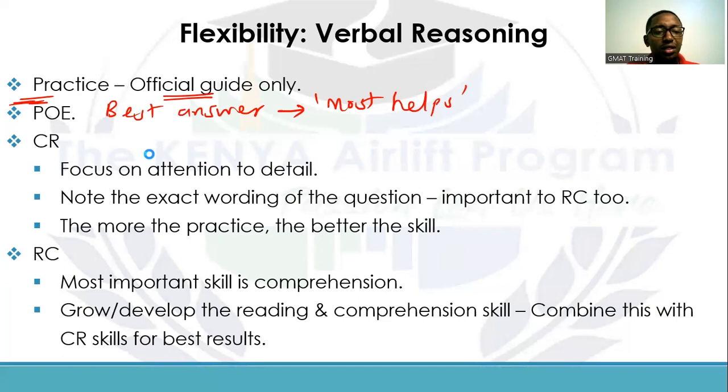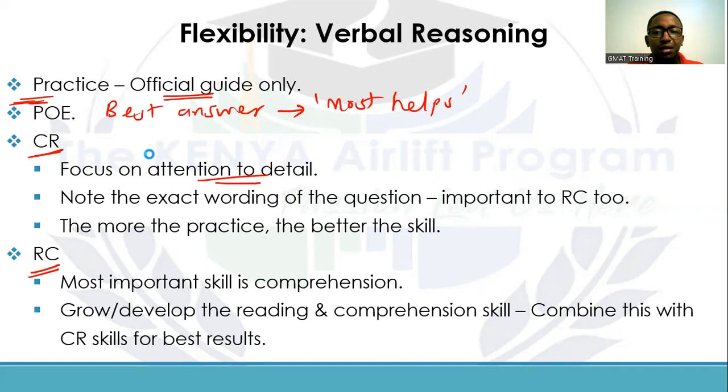And then in critical reasoning, so diving into the different sections of verbal reasoning. How is the preparation for these two sections different? So in critical reasoning, you need to develop your attention to detail.